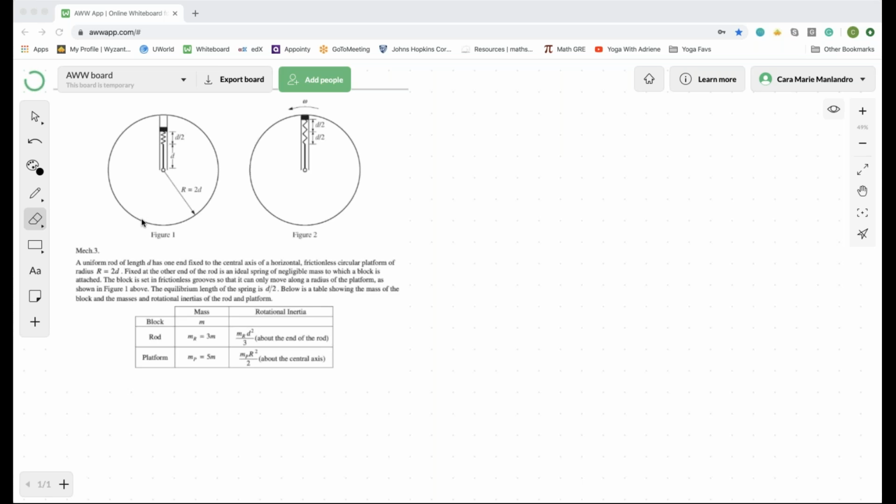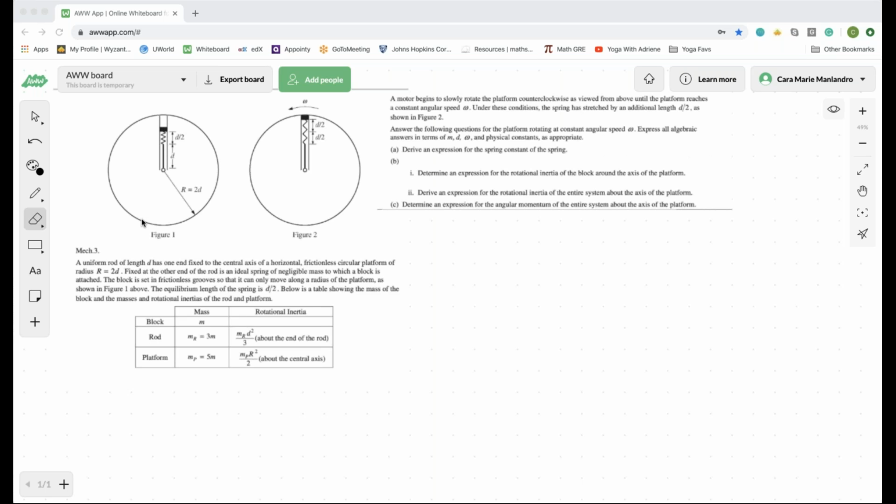All right, any questions before I get started on the last one? Okay, so we have a uniform rod of length D that has one end fixed to the central axis of a frictionless circular platform. We have a radius, and then we have an ideal spring fixed at the other end of it.